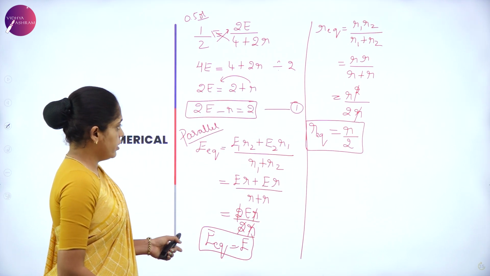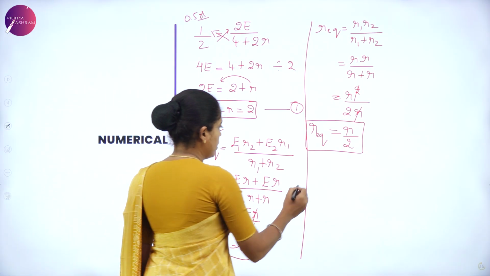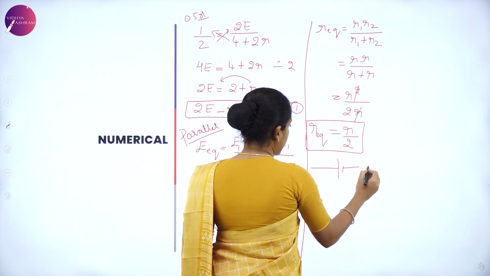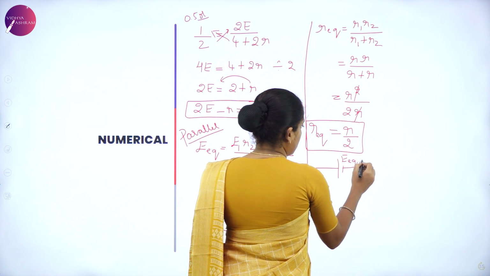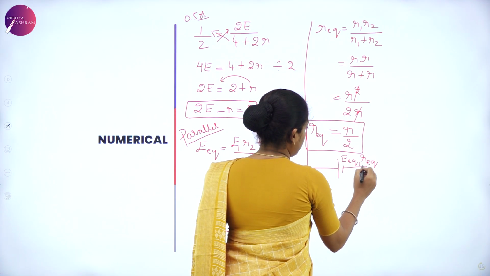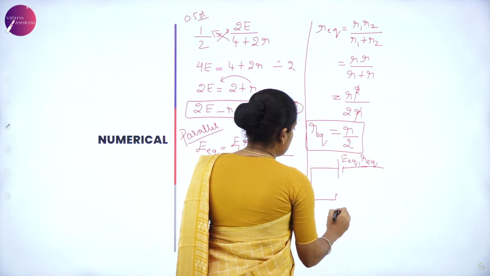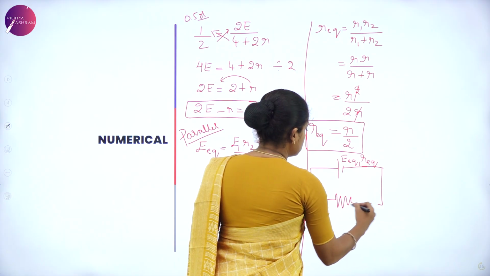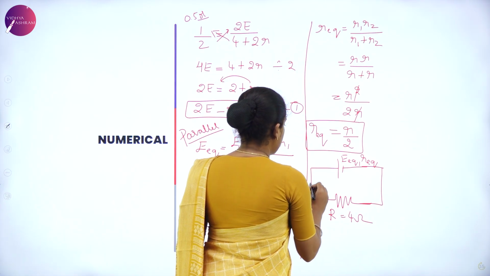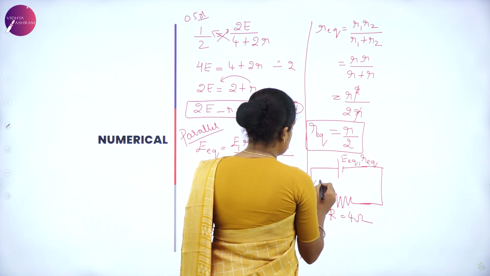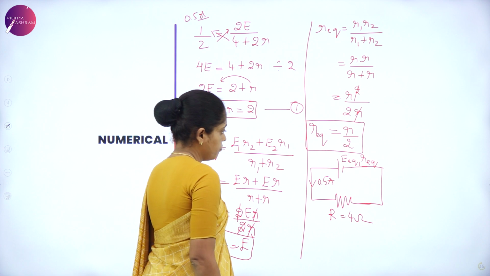This is the equivalent EMF and equivalent internal resistance in parallel. Now let us replace the two cells in parallel combination by an equivalent cell whose equivalent EMF and internal resistance we have found. This is connected to an external resistance of 4 ohm, and in this circuit the current is the same, 0.5 ampere.